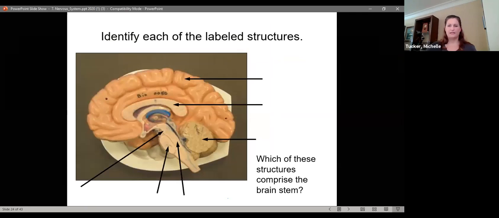Okay. So now we can go ahead and, if you remember how to use that stamping feature underneath the annotate tool, go ahead and put a heart on the corpus callosum and a star on the cerebral cortex.